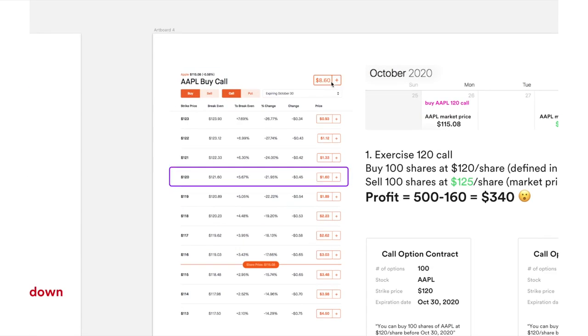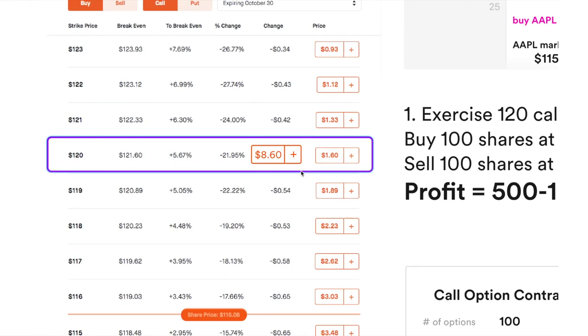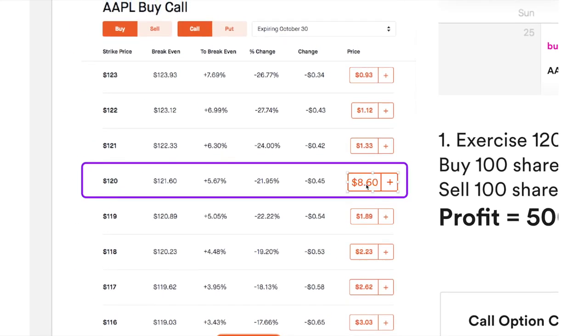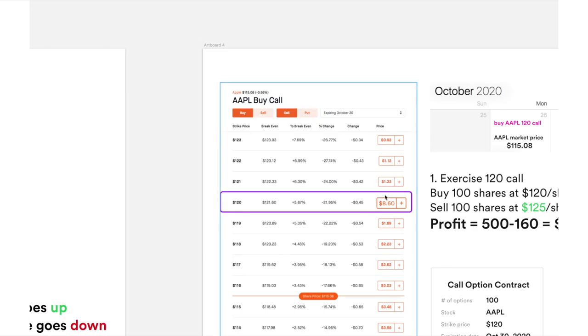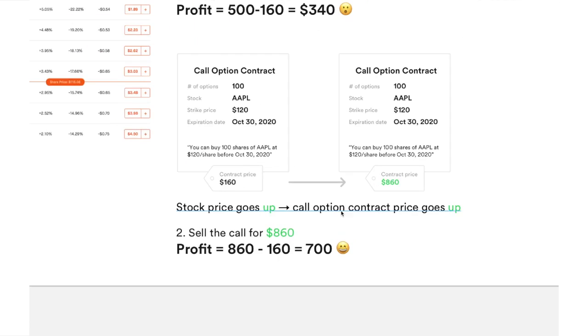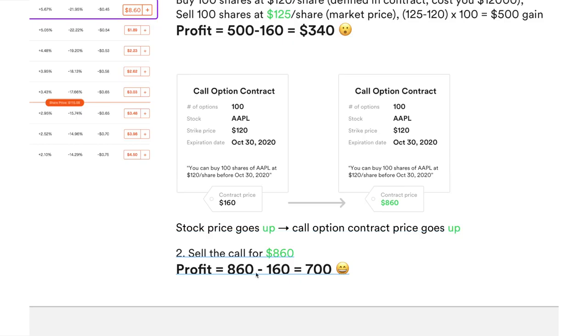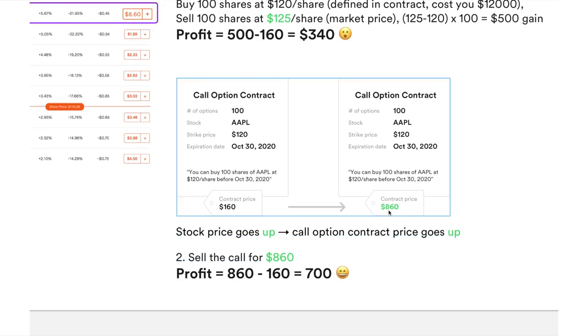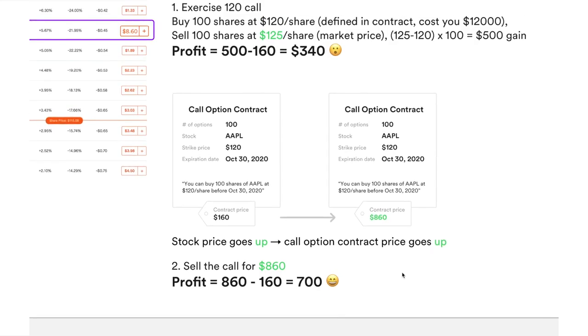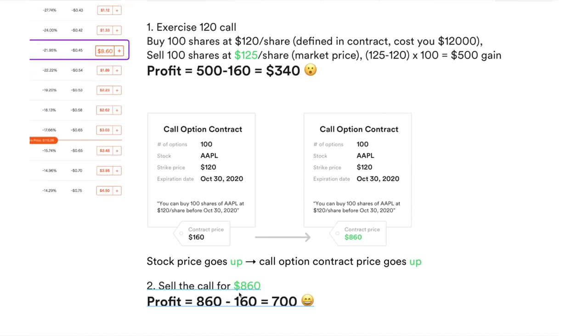So what could happen is if you go back to Robinhood, what you will see is 8.6 instead of 1.6. Because the price goes up, it will reflect that in the UI. So in this case, you would profit $700, right? You buy at 160, you sell at 860, you profit $700. There's actually some advantages to just selling the call contract to somebody else rather than exercising.